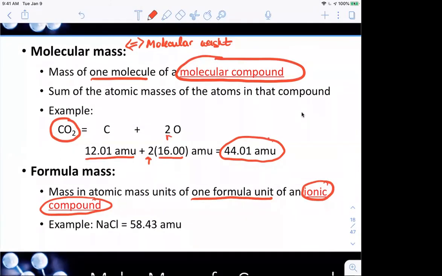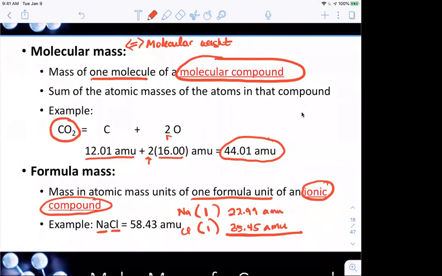So for sodium chloride, I'm going to add sodium, which is 22.99 AMU because I have one sodium, and I have one chlorine, which is 35.45 AMU. I sum that together, and what I'm going to get is 58.43 AMU.